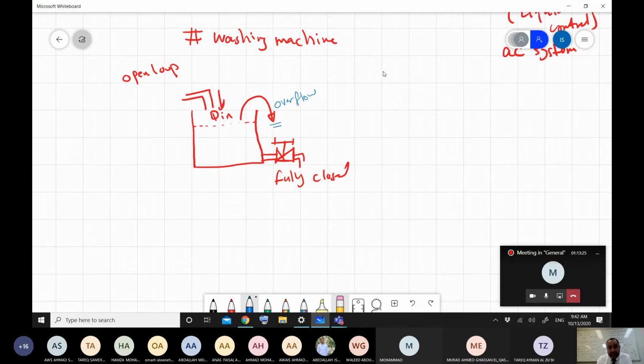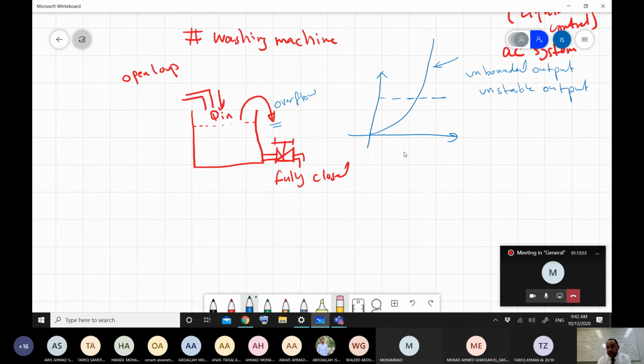So graphically, if I need to plot this, if this is my desired output, now this is actually what we call unbounded output, which means that it is an unstable output.